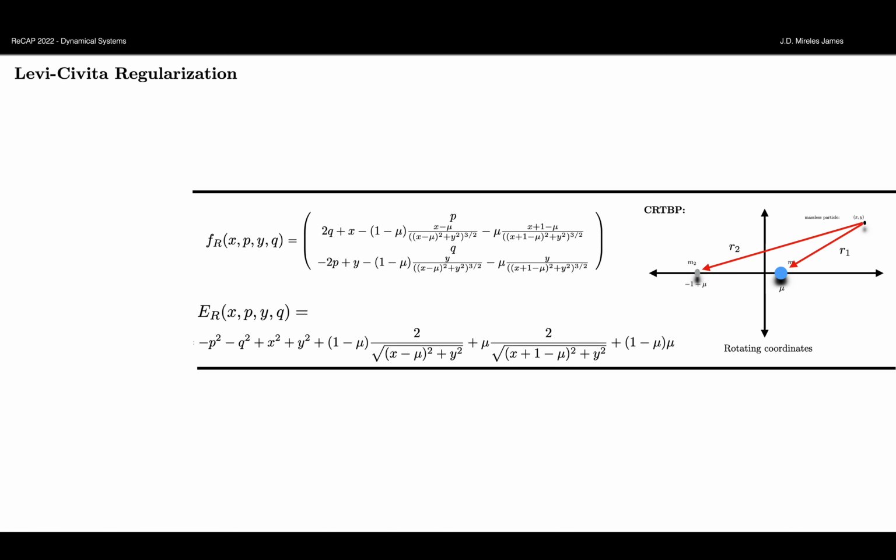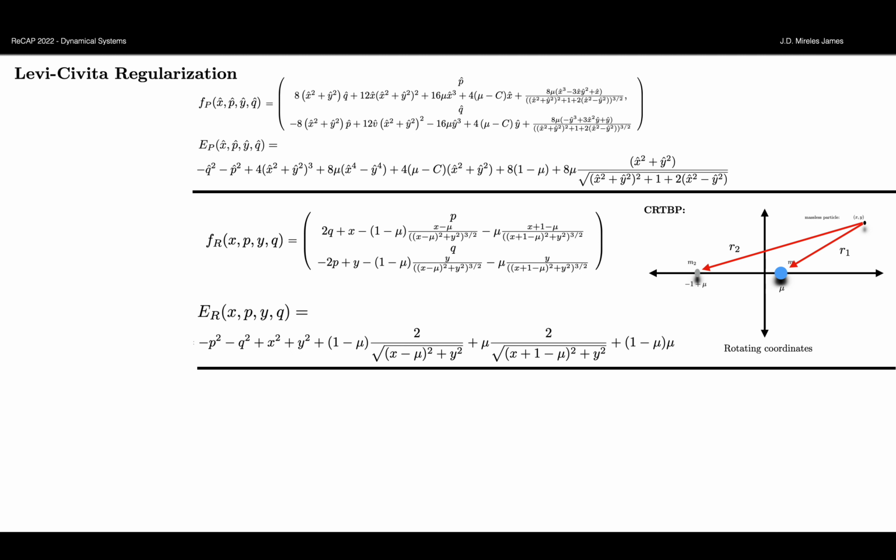And here, if you look at x hat equals 0 and y hat equals 0, you see that the denominator in this nonlinear term is just fine. You actually get the square root of 1, which is just 1, in the denominator. So there's absolutely no problem being at x hat, y hat equals 0 in these coordinates, which is the point that maps to collision in the original coordinates.